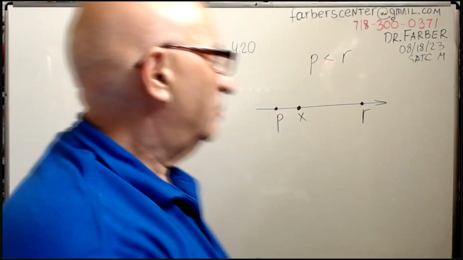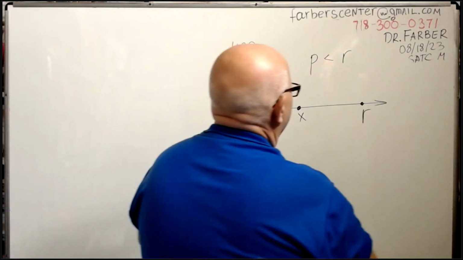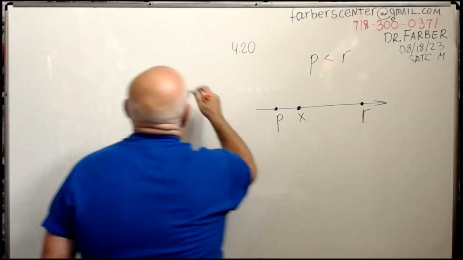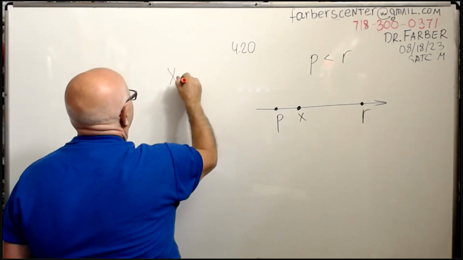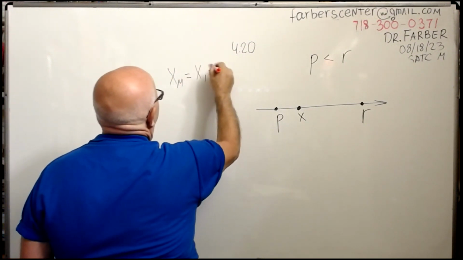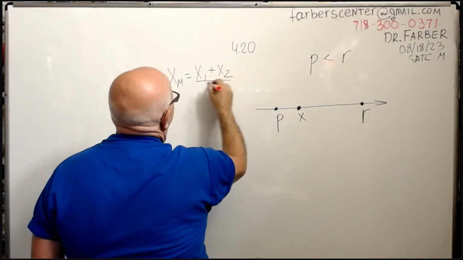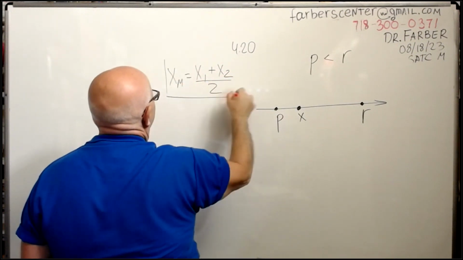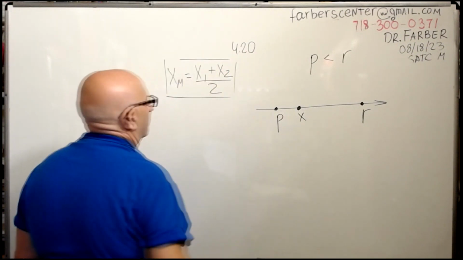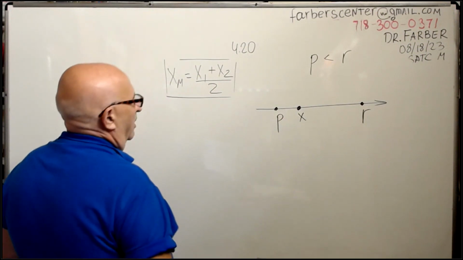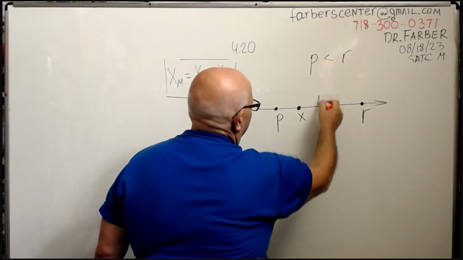So students, you're not working at home, because you know this stuff. xm equals x1 plus x2 divided by 2. This is the formula from chapter 13, and we studied it in first grade. Now, how to find the midpoint xm?